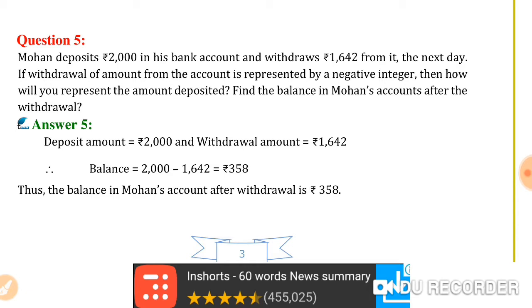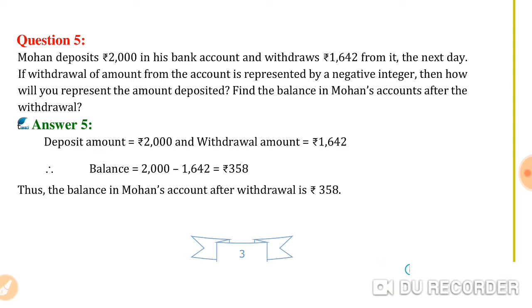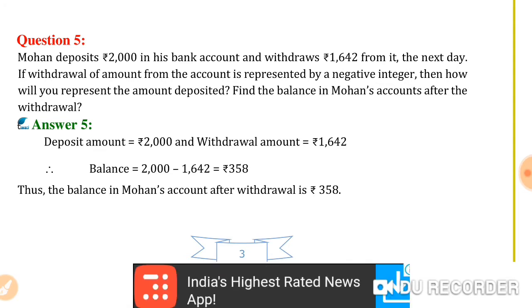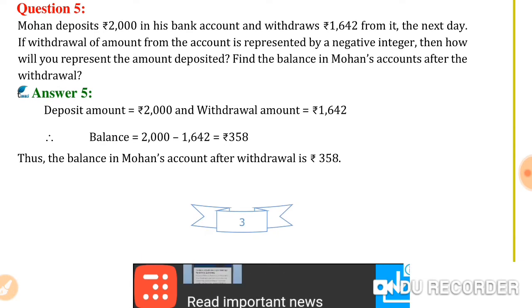If the withdrawal amount from the account is represented by a negative integer, then how will you represent the amount deposited? If withdrawal is a negative integer, we can consider the amount deposited as positive itself.